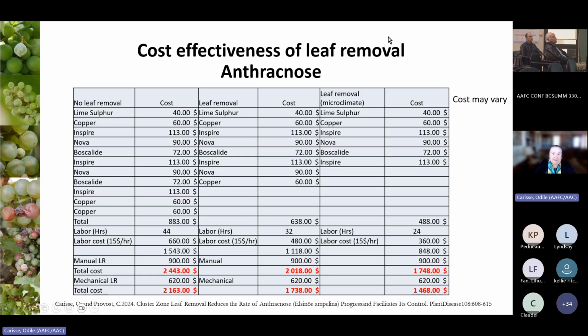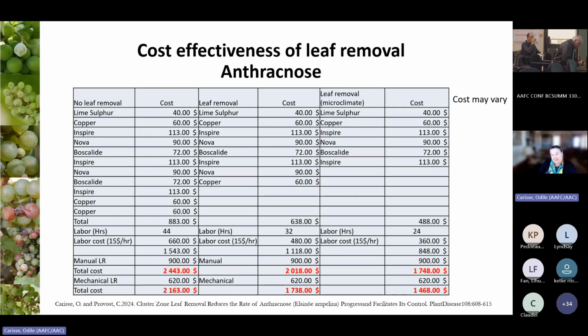In the IPM programs, we could reduce the number of fungicide applications significantly. That's why you can see that the cost of fungicides was reduced. And if we add up the cost of leaf removal, if you look at the third column, you can see that there is an economic benefit of leaf removal.